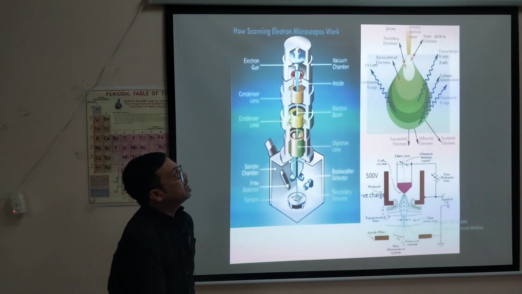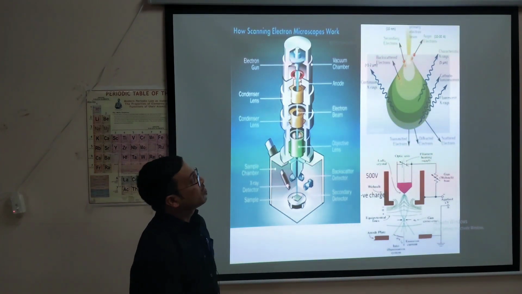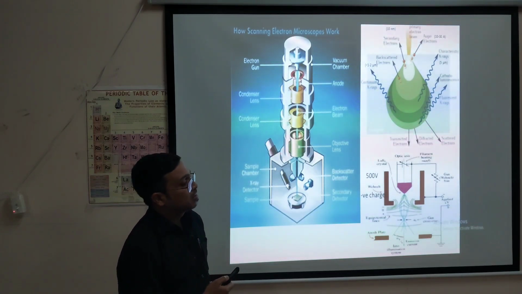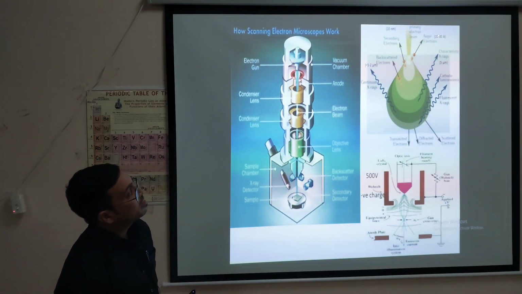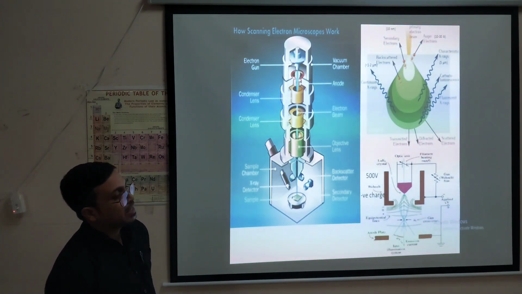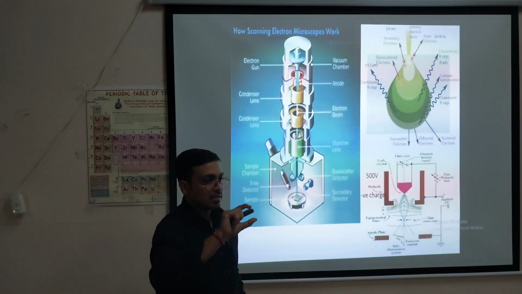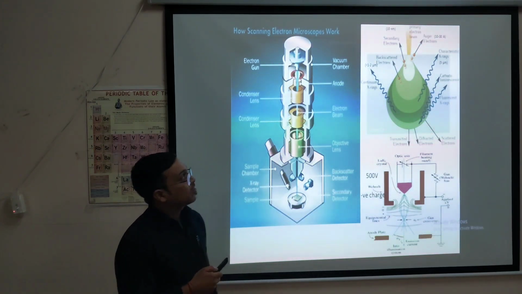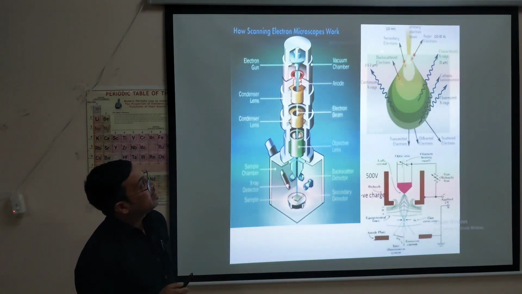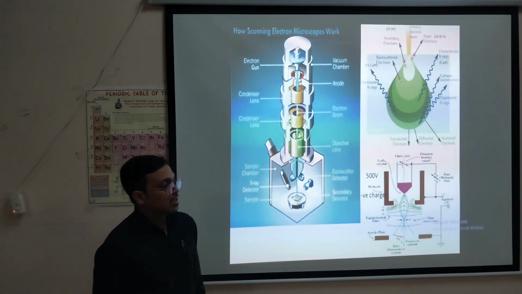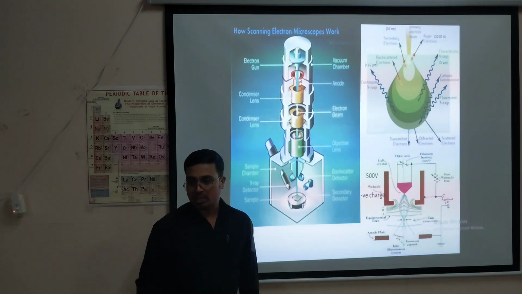Okay. Then comes the Auger electrons. Here I have written this in Angstrom. Electrons coming up from 10 to 30 Angstrom beneath the sample are termed as Auger electrons. Likewise, the secondary electron will come from a depth of around 10 nanometer.